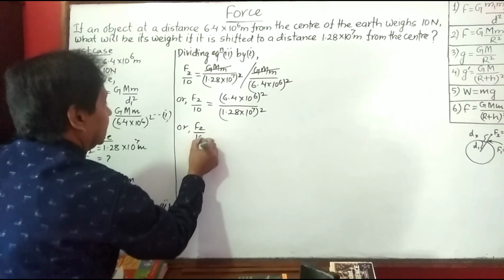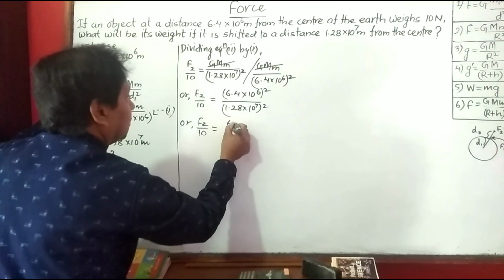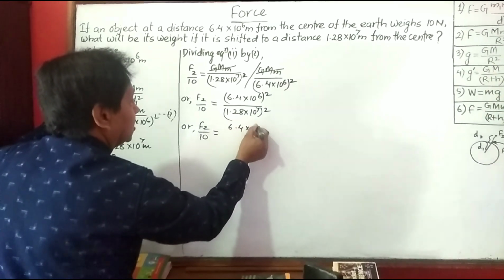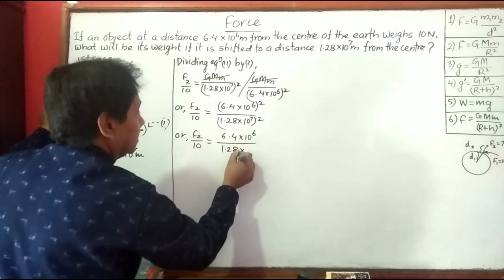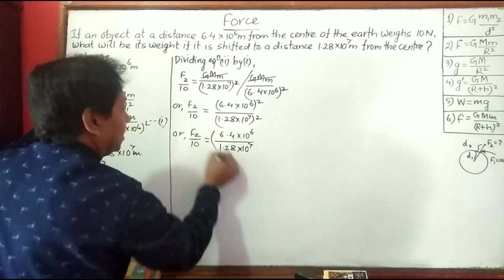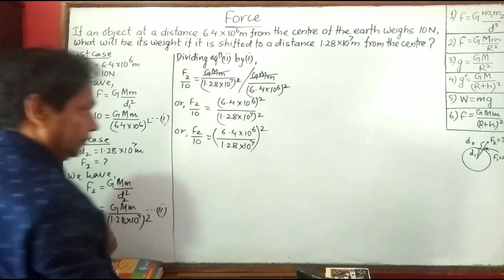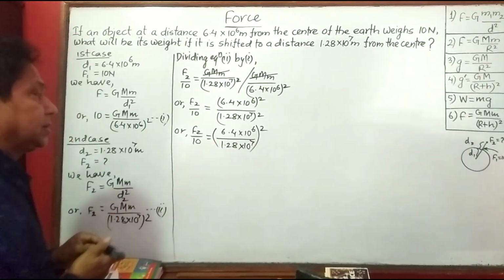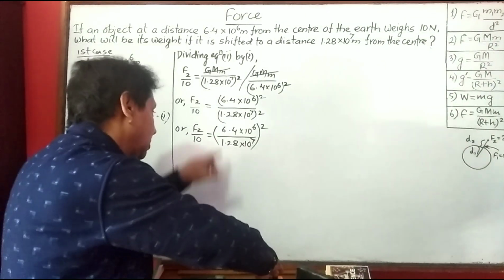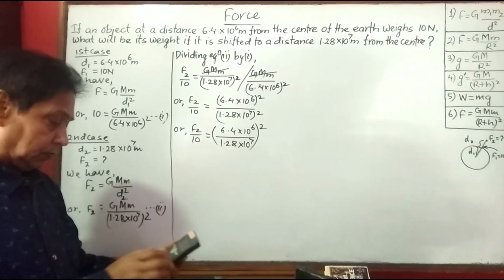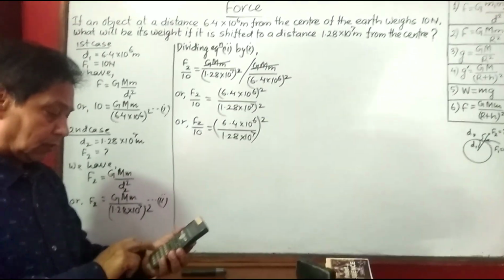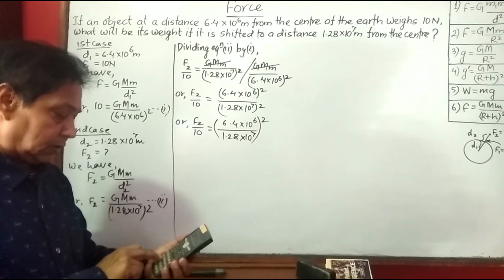F2 by 10 is equal to (6.4 × 10^6 divided by 1.28 × 10^7) whole square. Now I have to divide 6.4 by 1.28.